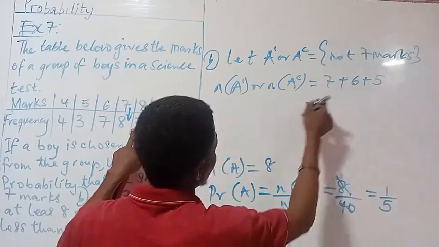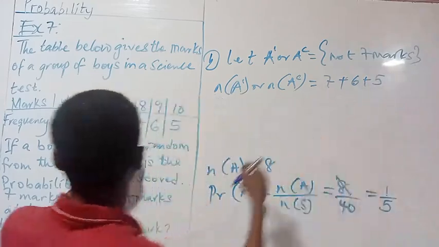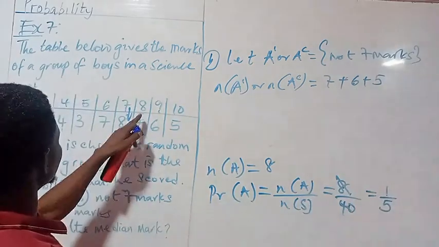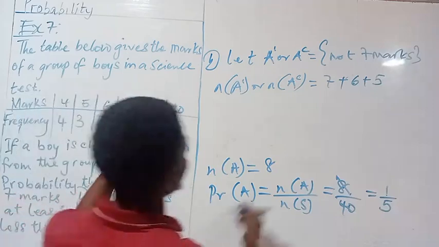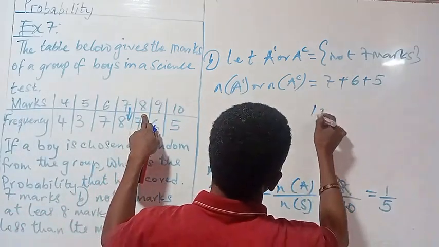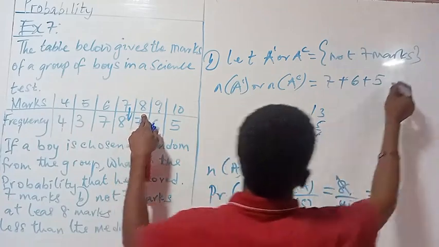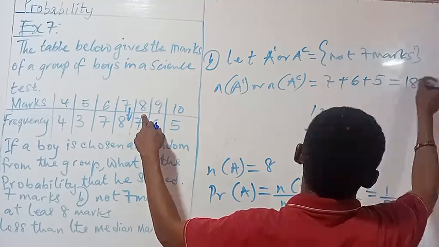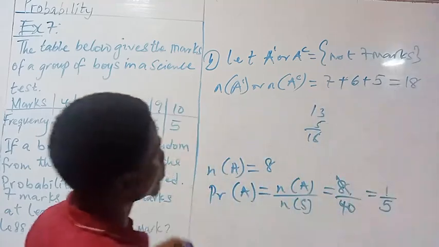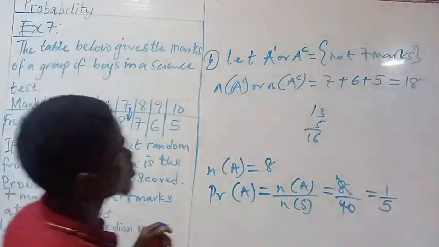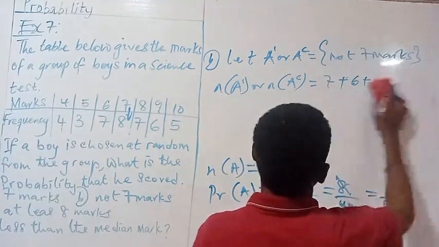Let's add them together. What do we have? This is 13, then 13 plus 5. That is 18. So you have it as 18 for not 7 marks. Okay, sorry.